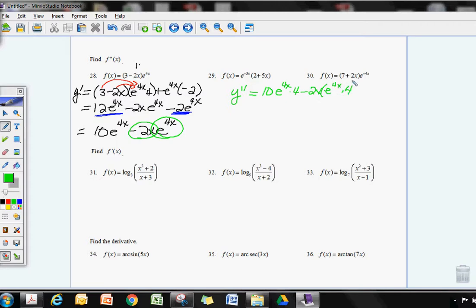And then I'm going to add that to the second term, e to the 4x, times the derivative of the first, which would be negative 2. Again, combined as many things as I can, I get 40e to the 4x, subtract 8x e to the 4x, and subtract 2e to the 4x.